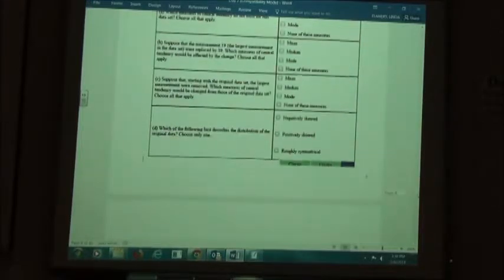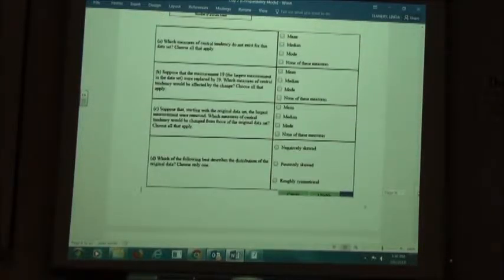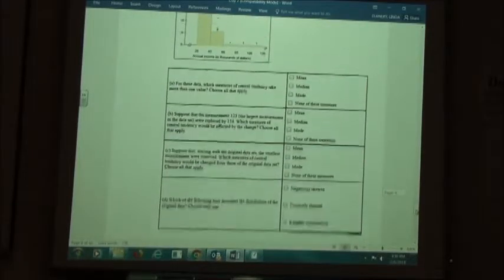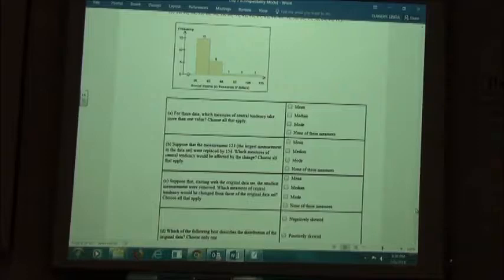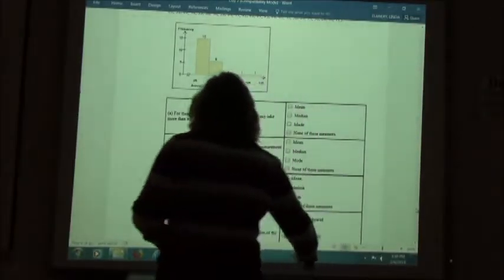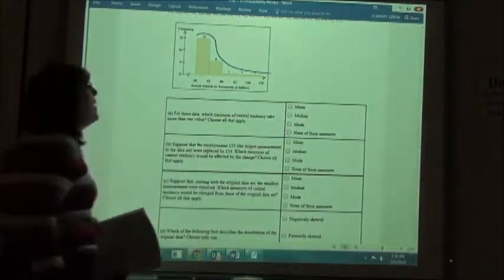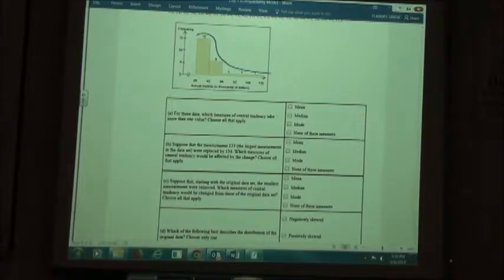Part D wants us to describe the distribution of my original data. Whoops, there's my distribution there. So if I have my data like that, they're going to call that smaller end the tail.